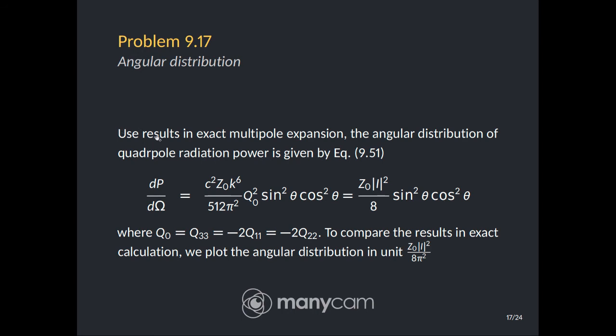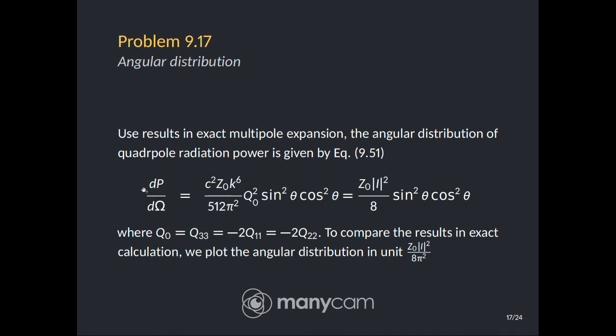And we use the result for the angular distributions, in the exact multipole expansions. The angular distribution of quadrupole radiation power is given by equation 9.51.